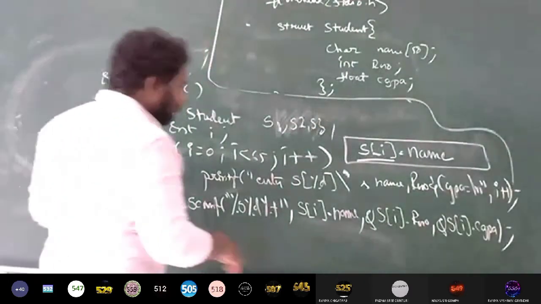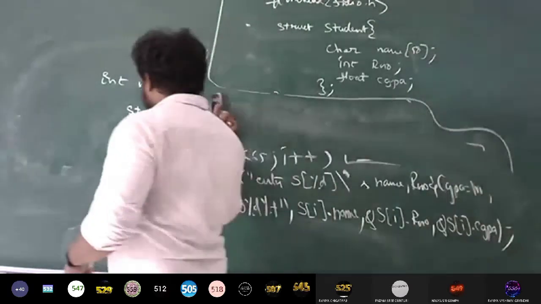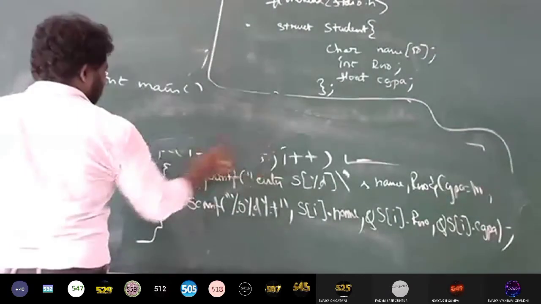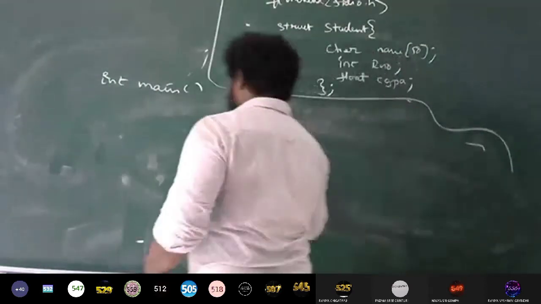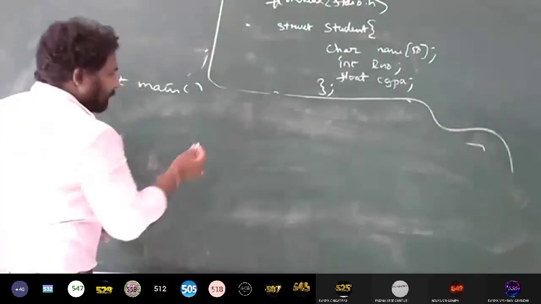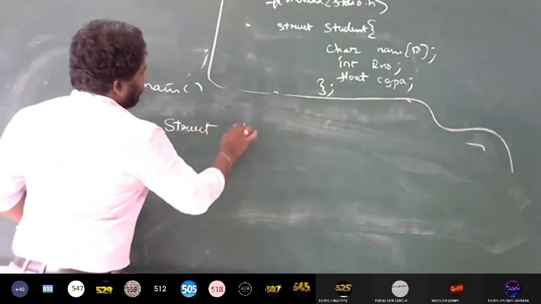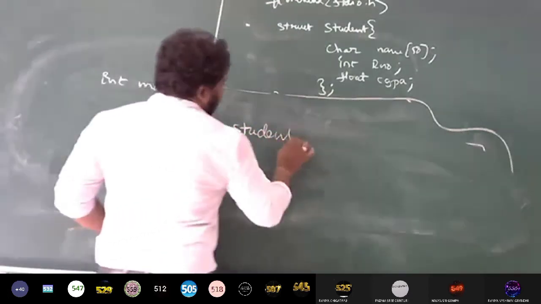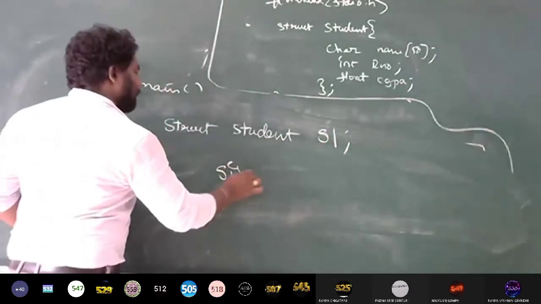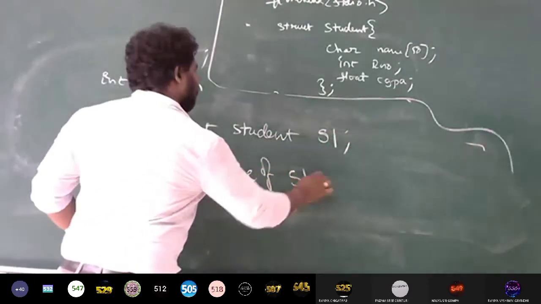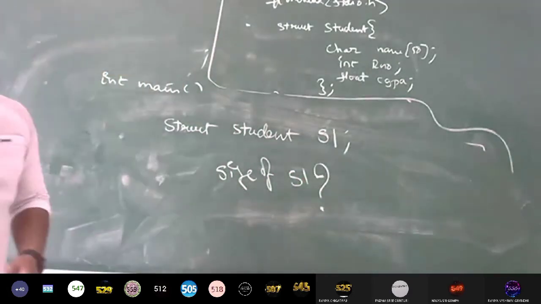Okay, can anyone tell me, if I have declared a variable called struct student s1, what is the size of s1?